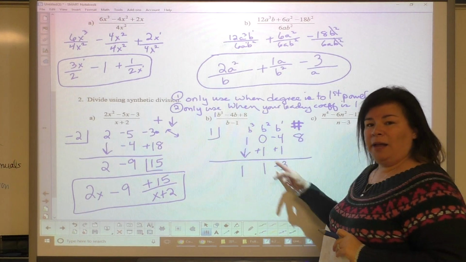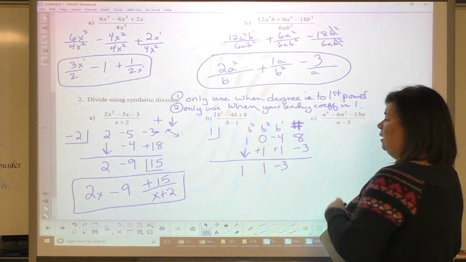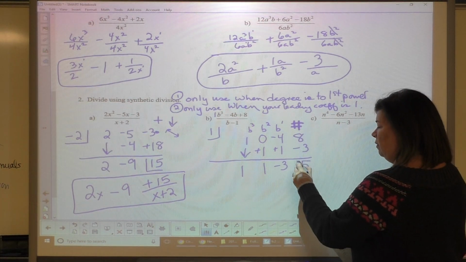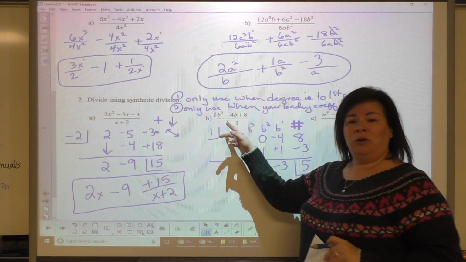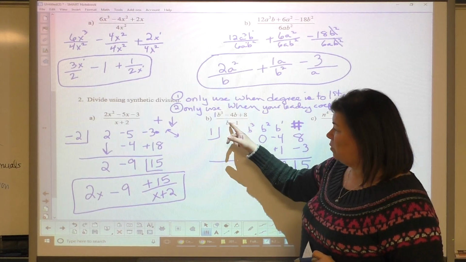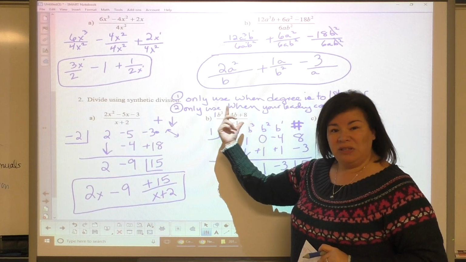And I'm going to multiply on that diagonal. 1 times negative 3 is negative 3, and add straight down. 8 plus negative 3 is 5. All right? Because we started out with b cubed, our answer is going to be 1 degree less. Since we're dividing by b to the first, we know we're going to get an answer of b squared.